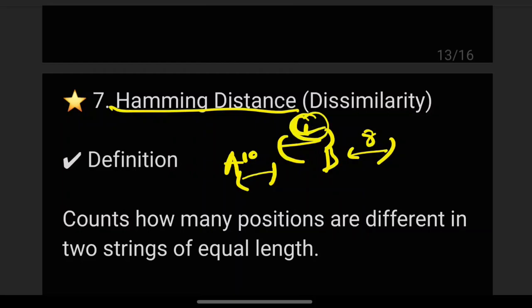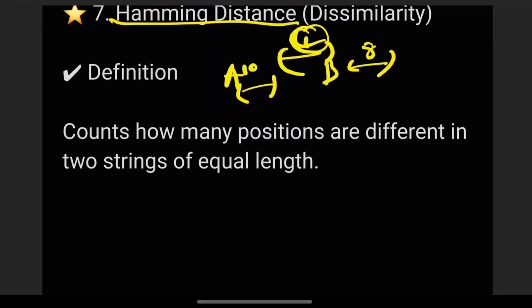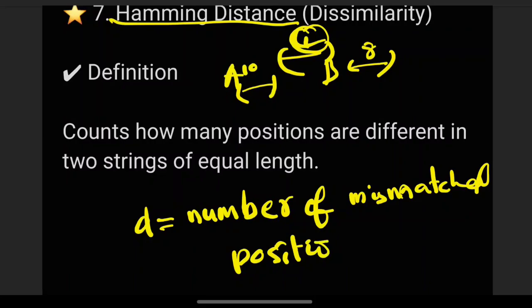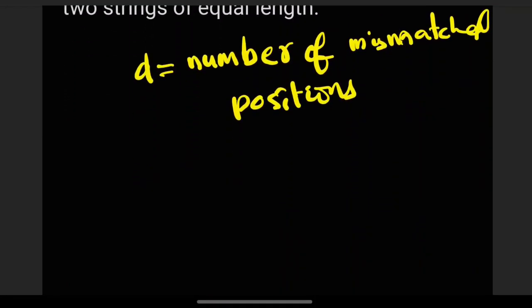This is nothing but how many positions are different in two strings of equal length. Okay, so the formula for this Hamming distance is D is equal to the number of mismatched positions.